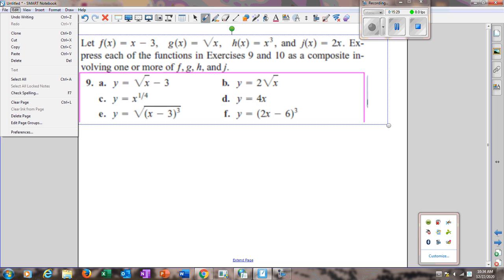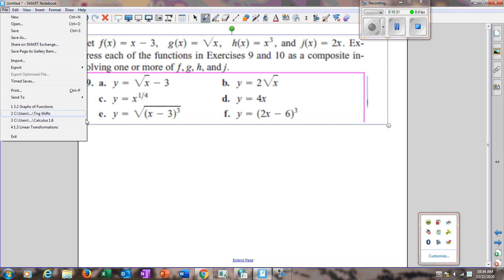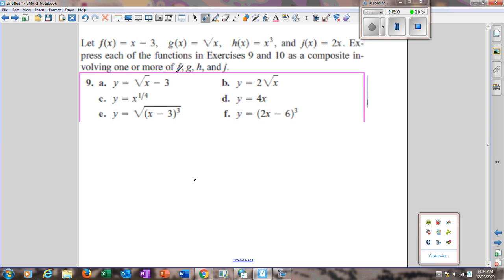You'll notice that the minus 3 is outside of the root. Since that's outside of the root, it tells me that g went in there first. So this would be f of g of x.